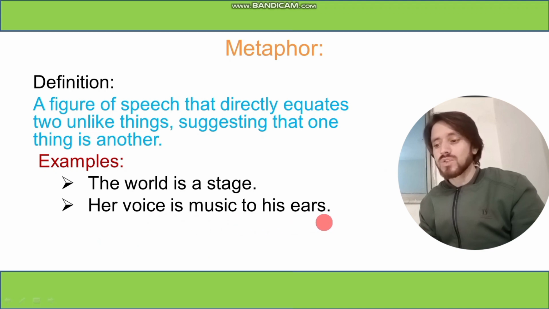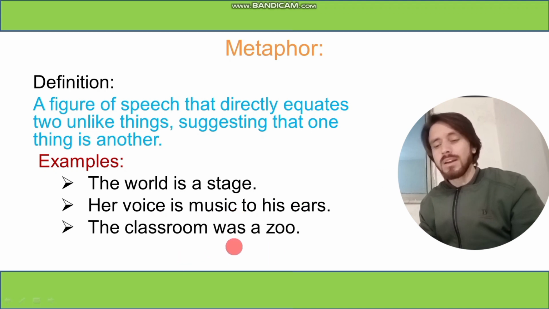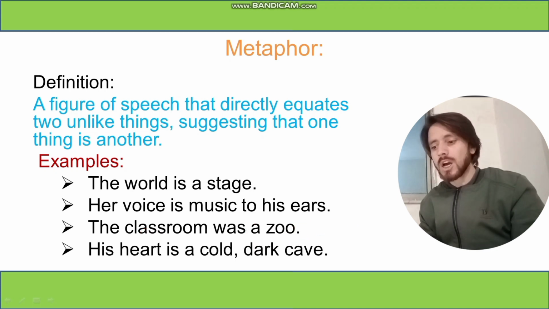Her voice is compared with the music, so this is a direct comparison. Okay, the classroom was a zoo. Now classroom and zoo are compared. Next is: his heart is a cold dark cave. Heart and cave are compared.